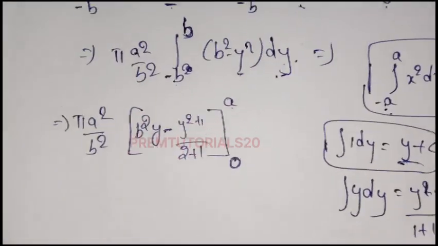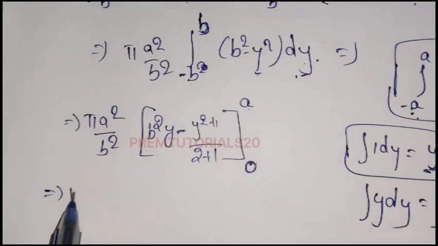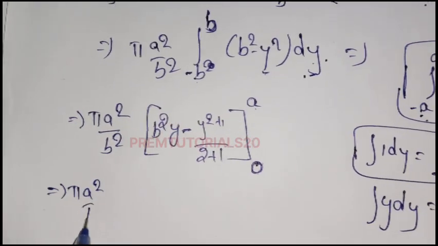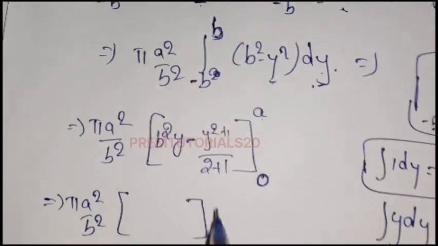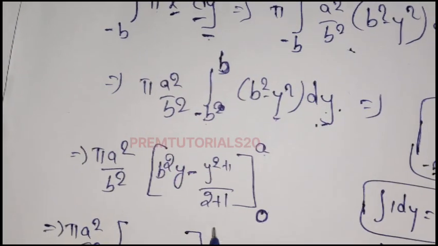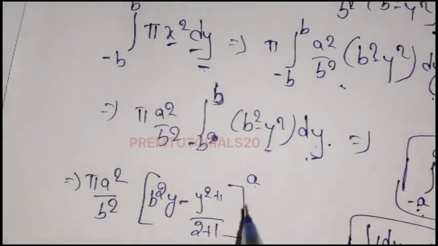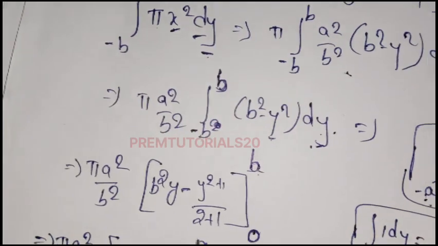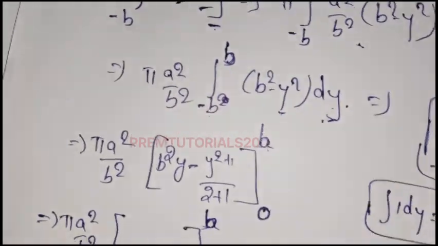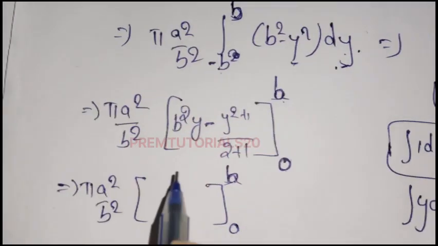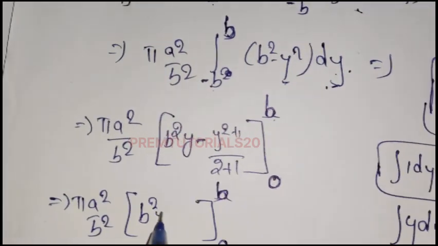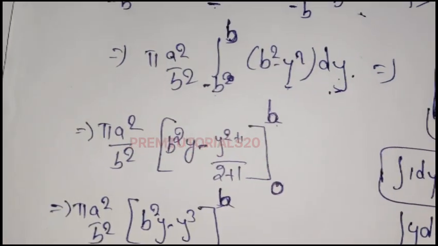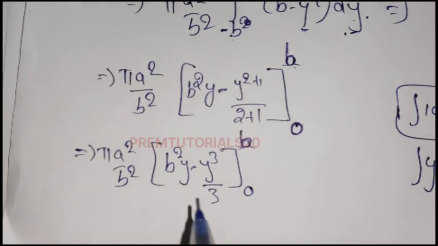Finally we get pi a square by b square into, between the limits 0 to b, b square y minus y cube by 3. This is the value we get.